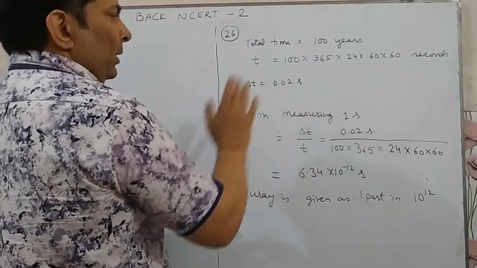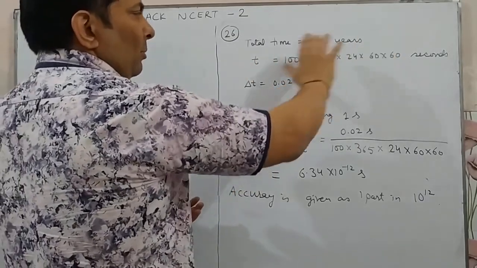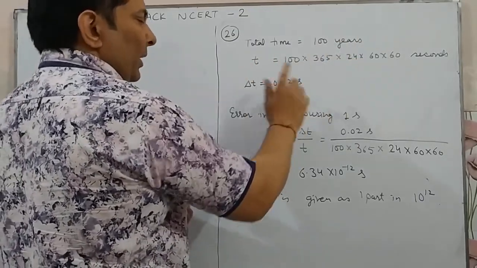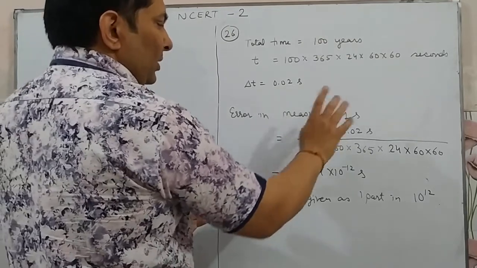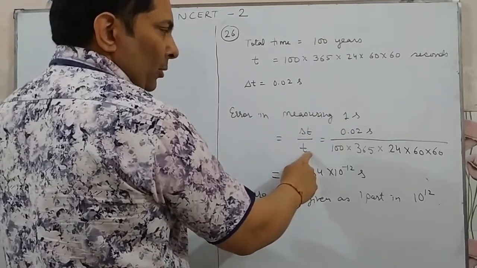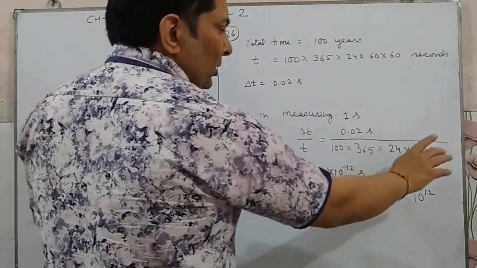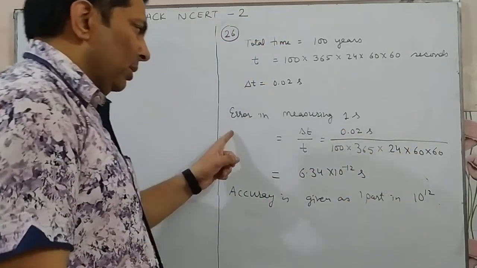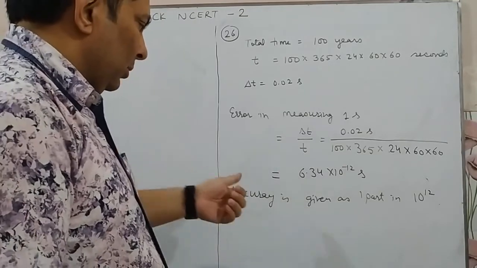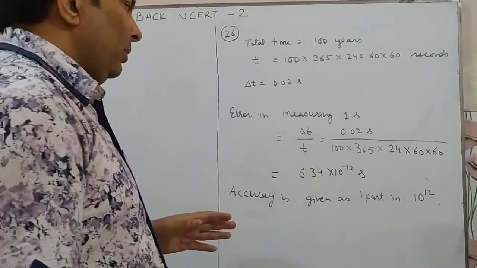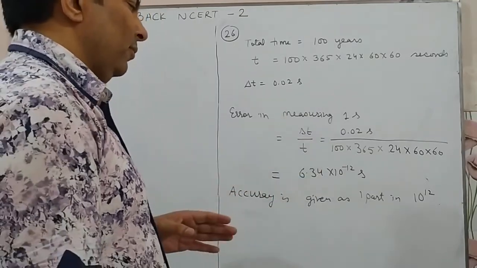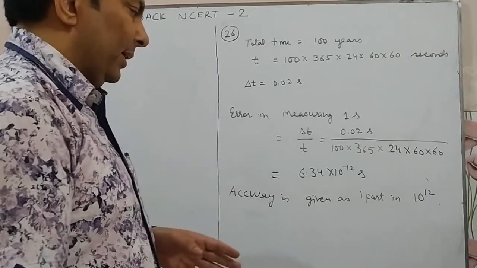The error in that amount of seconds is 0.02 seconds. So the error in measuring 1 second is delta T upon T. We'll say this is 0.02 seconds upon this value. Okay. Basically, we are calculating the relative error here. The result comes out to be 6.34 × 10^-12 seconds.